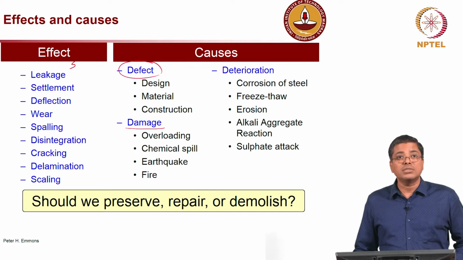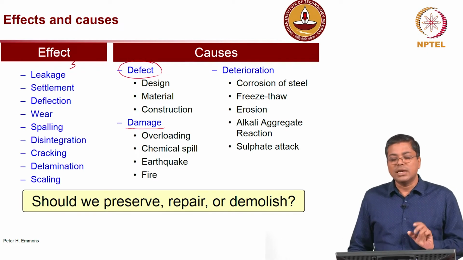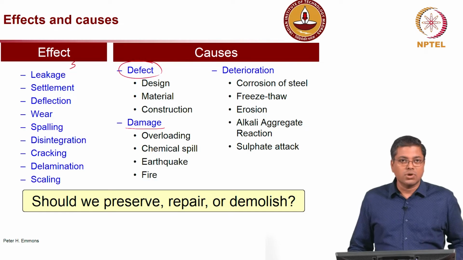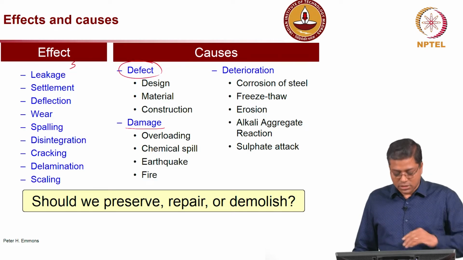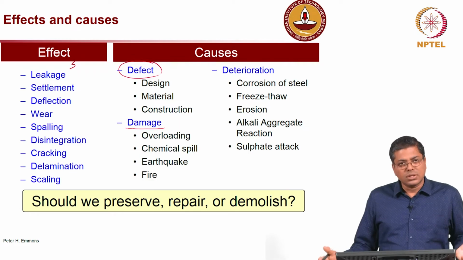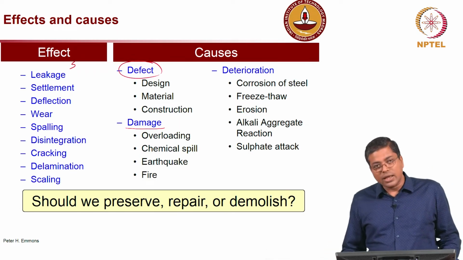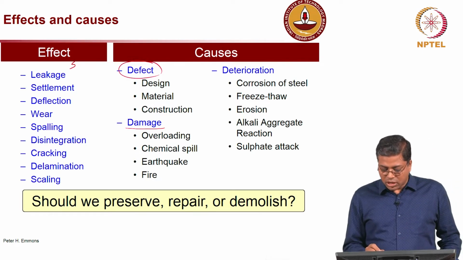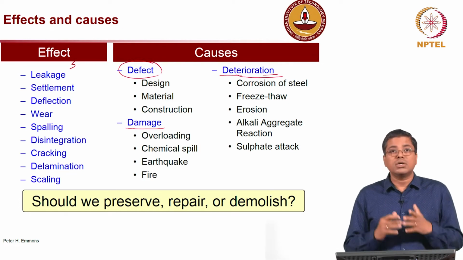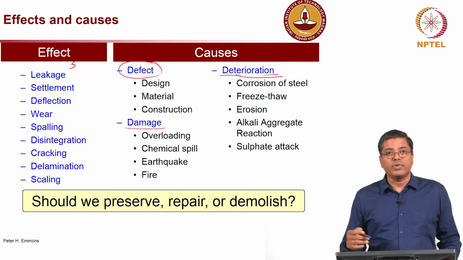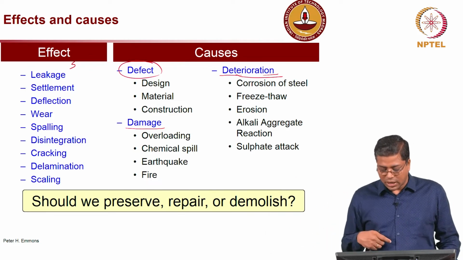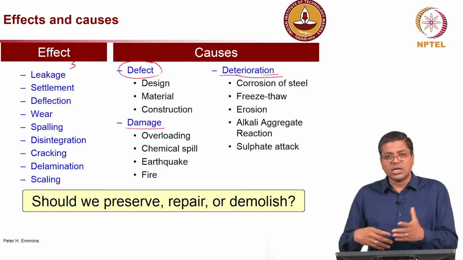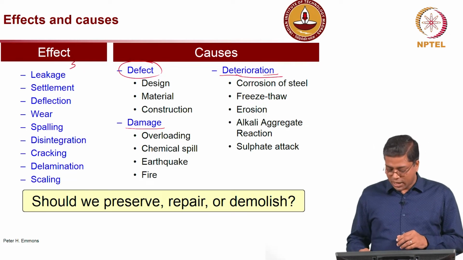When you talk about damage, it is mainly something which happens immediately, like overloading of a structure or a chemical spill, or let us say you have a tanker going on a bridge and it spills all the chemicals. There are cases like that, very rarely, but it can happen. An earthquake or fire, these are all immediate effects. When you talk about deterioration, it is mainly a long-term process: corrosion of steel, freeze-thaw, erosion, alkali-aggregate reaction or ASR, sulfate attack. These all take time. These are all long-term deterioration mechanisms.